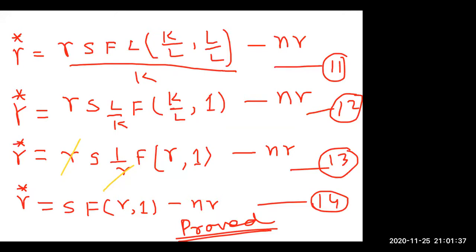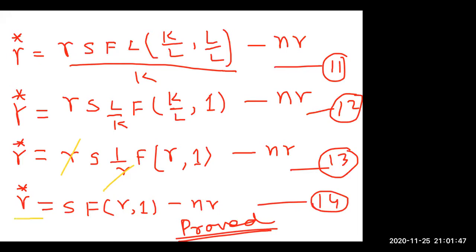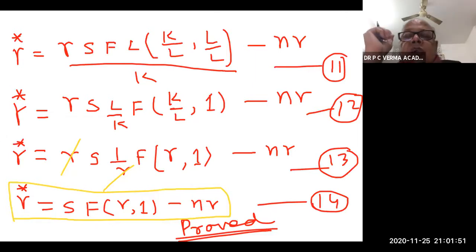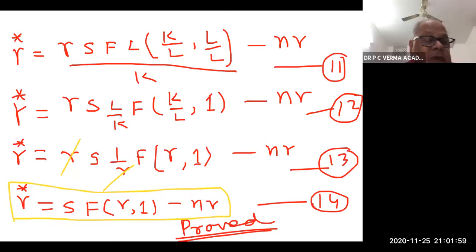Step by step we calculated, and then arrived at this point: this is the Solow growth model. This equation shows the Solow growth model. This is the main equation.